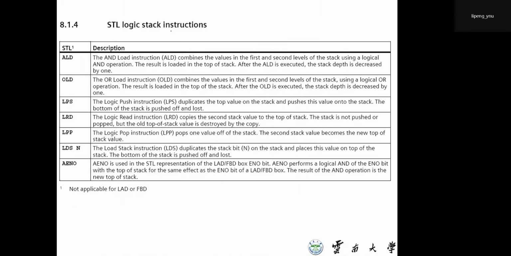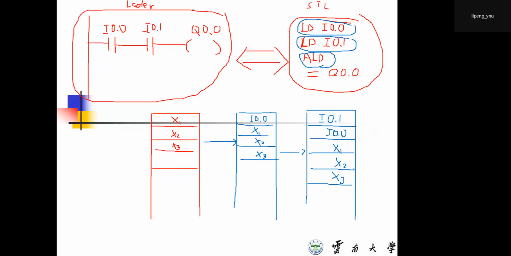So if we do ALD, what will the stack change to? The top is what? ALD means AND.